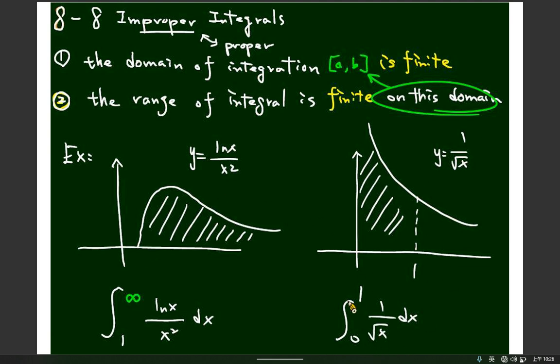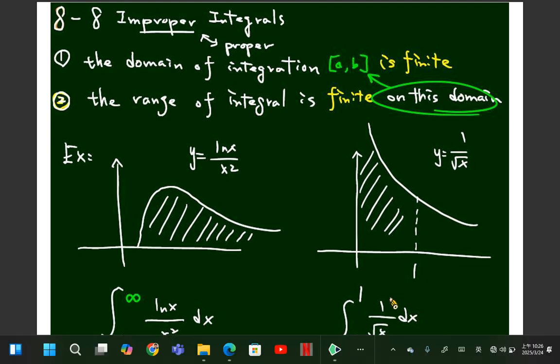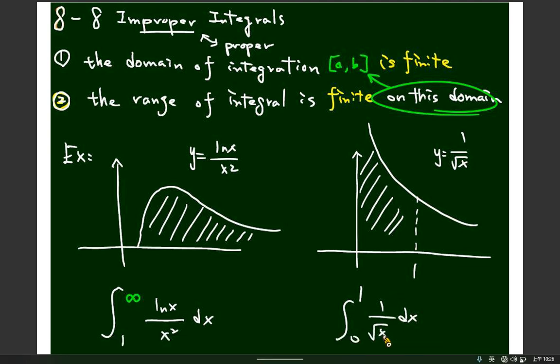Even though these two limits are finite, if the integrand is this one, then based on this domain, this range will cause it to become an infinite number. Taking this example, when you set x to be 0, you can find the number will go to positive infinity.